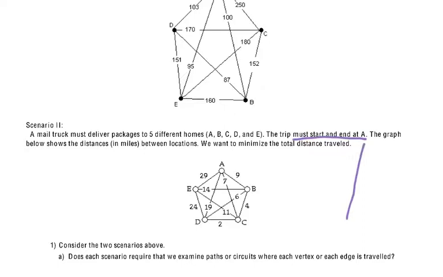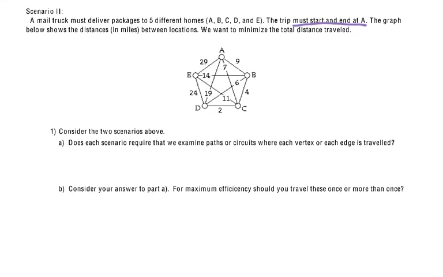So we're looking at two different situations here, and here's what we want to consider. We're not even answering any questions about this yet, aside from the fact we want to consider these two scenarios and determine, does each scenario require that we examine paths or circuits where each vertex or each edge is traveled? So in both of these, we want to make sure that each vertex is traveled.